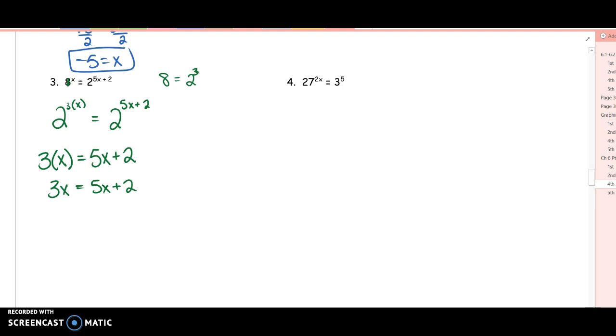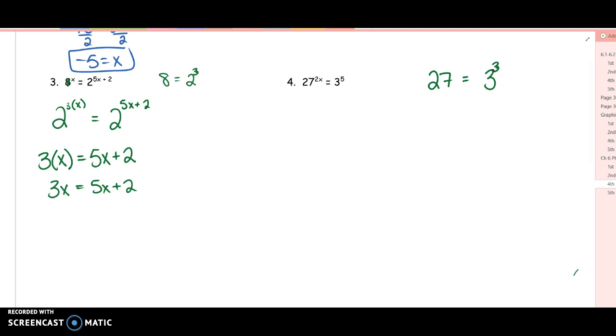Number 4, our bases do not match. We have 27 and 3. Always take your bigger base, 27, and try to write it in terms of your smaller base, 3. So can we do 3 raised to something to give us 27? 3 to the third. On a test, it's probably going to be numbers like 3 and 9, and all you have to do is replace 9 with 3 squared.